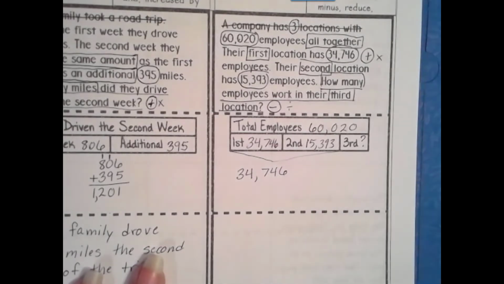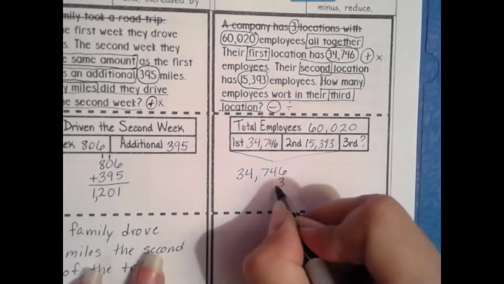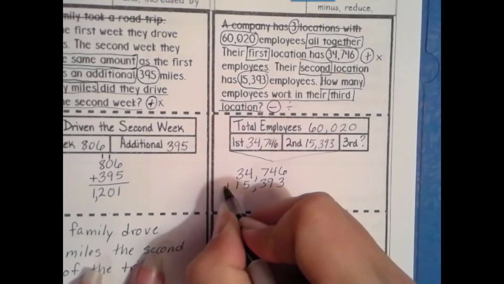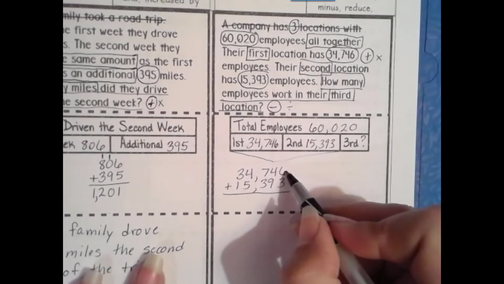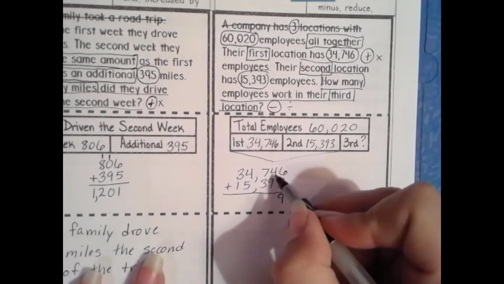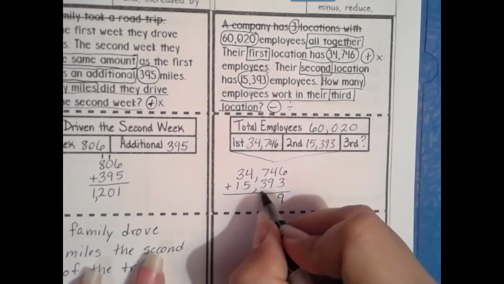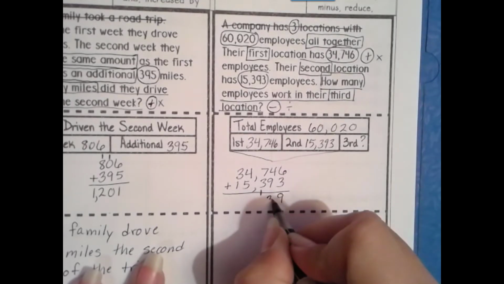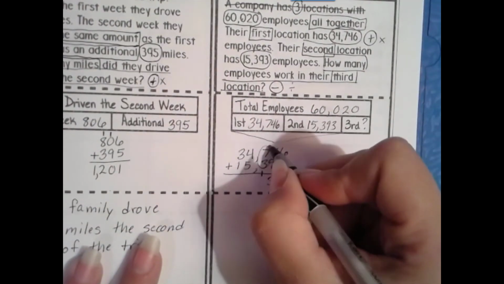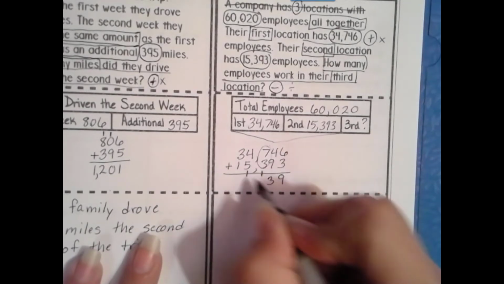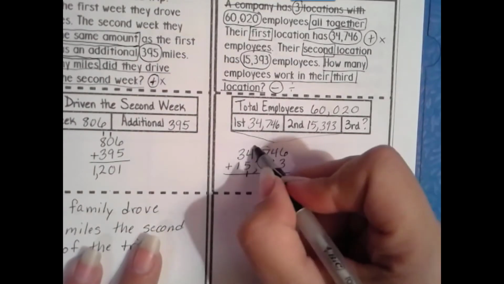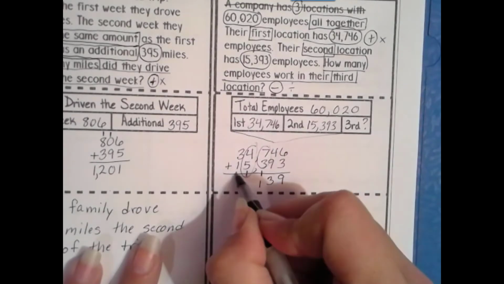Make sure you line up from the ones. Even the commas line up. 6 plus 3 is 9. 9 plus 4, I'm going to regroup below this time, is 13. 7 plus 3, that right there makes a 10. 10 plus 1 is 11. 4 plus 5 is 9, plus 1 is 10, so altogether this makes a 10.